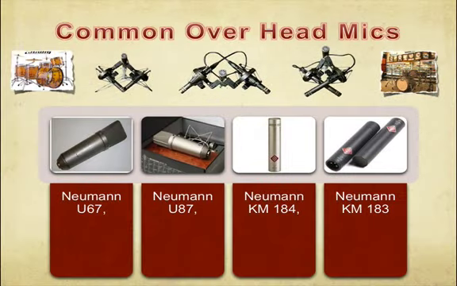Some of the commonly used microphones for this can be large diaphragm as well as small diaphragm microphones. As you can see in this example, we used the Neumann KM184. KM183s are very similar.